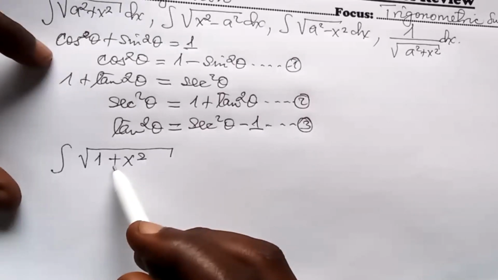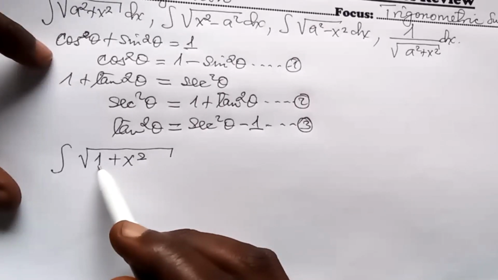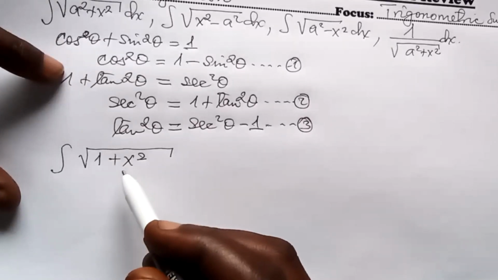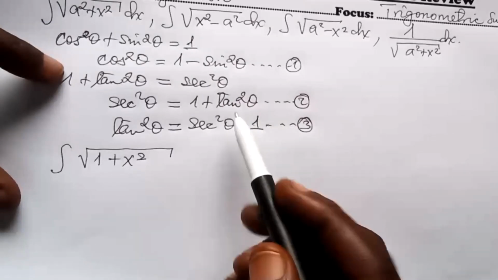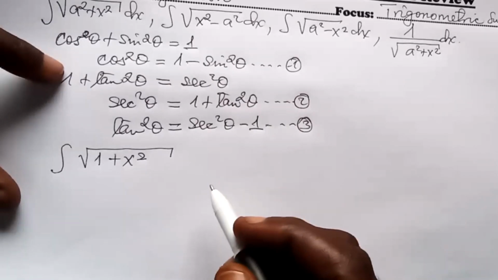I have plus, and actually 1 is also a square, so there is a sum of two squares. Anytime there is a sum of two squares, you are to use tan theta for the substitution.